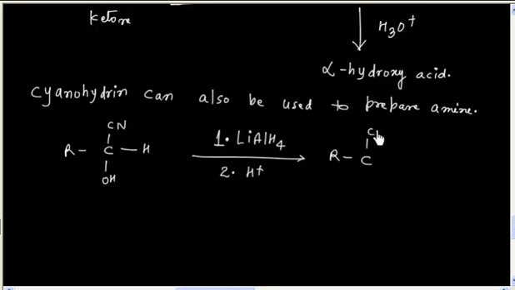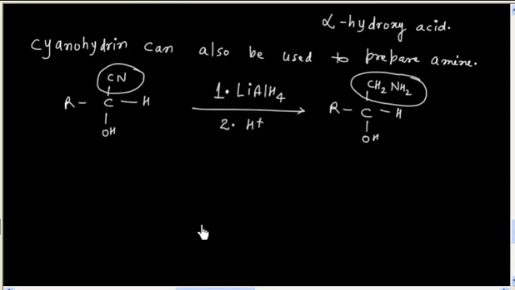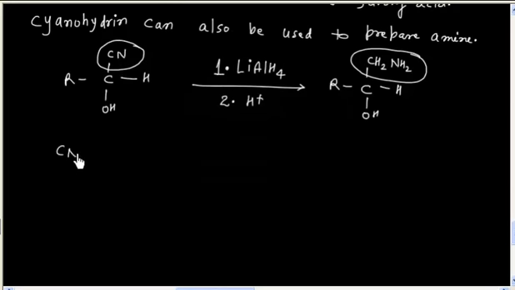So finally we will have an amine. So the CN group gets reduced to CH2NH2 group. So in this reaction, CN gets reduced to CH2NH2 group.